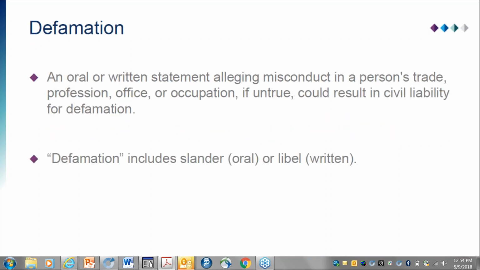In Indiana, as in most states, if you defame somebody related to their profession, office, or occupation, and it's untrue, defamation is a matter of law, and they don't even really need to show that they've suffered any actual damages or out-of-pocket money. You could be subject to a civil lawsuit. So you have to be careful when you criticize any colleague in the context of a written or an oral statement.